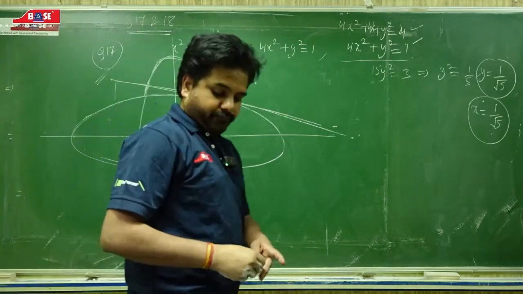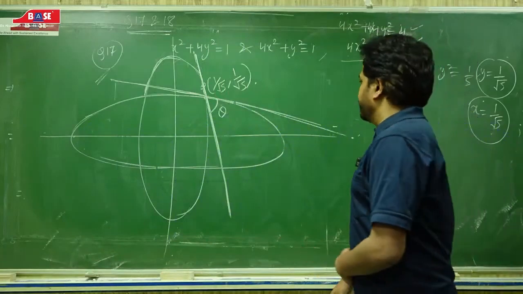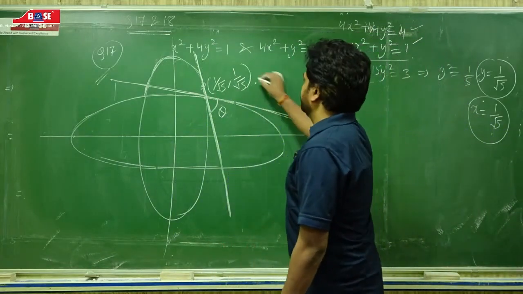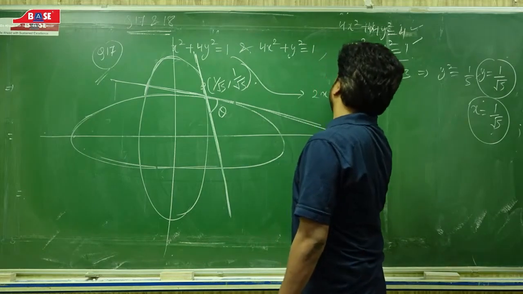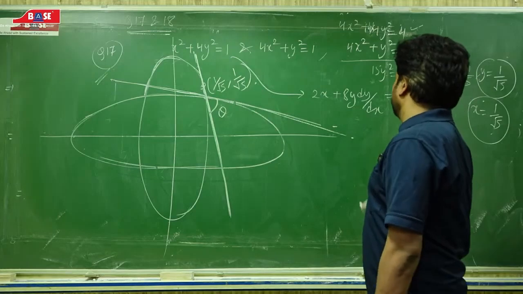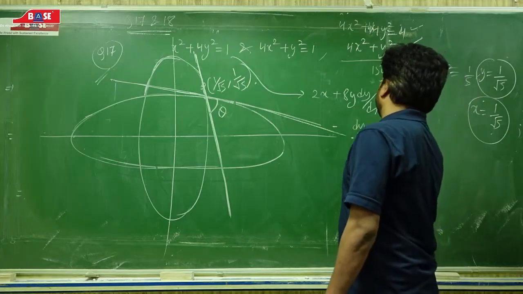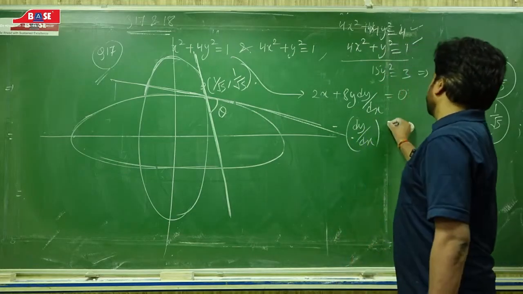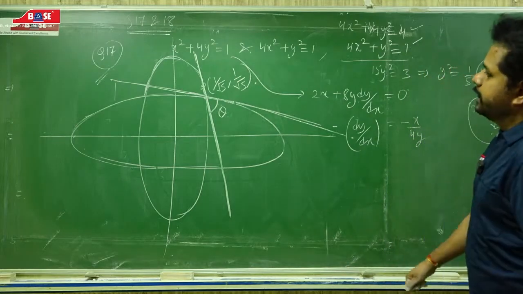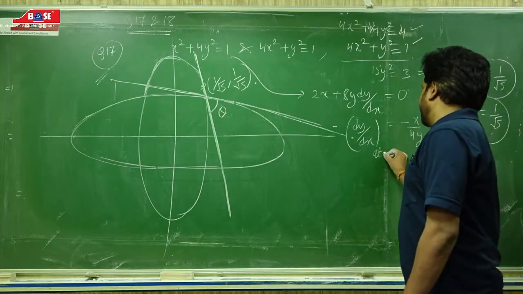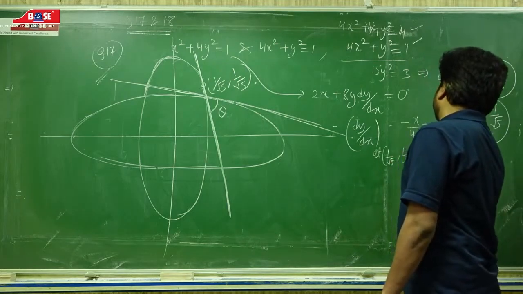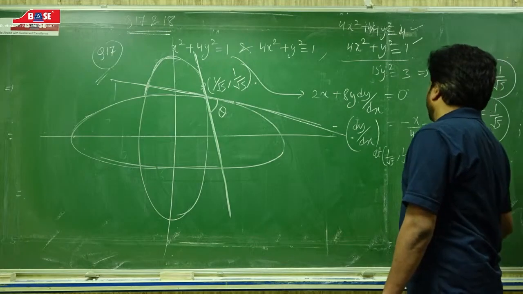So we all know that to find the angle between two lines, we just need the slopes, right? So if I differentiate the first equation, this will give us 2x plus 8y dy by dx equals 0. So I'm getting dy by dx equals minus x by 4y, right? And since we are finding it at the point of intersection 1 by root 5 comma 1 by root 5, this will give us minus 1 by 4.